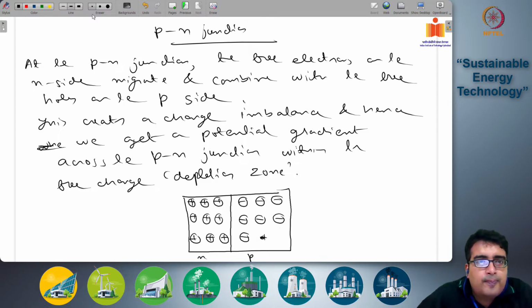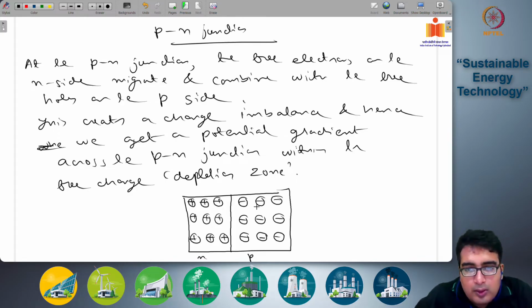And you have free holes here and free electrons here, balancing the positive and the negative atomic cores. Okay.